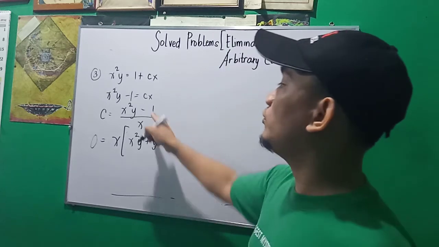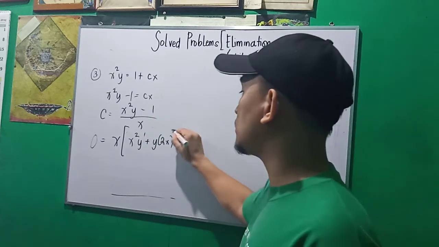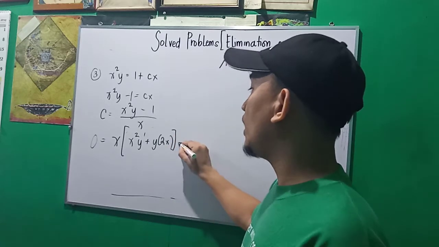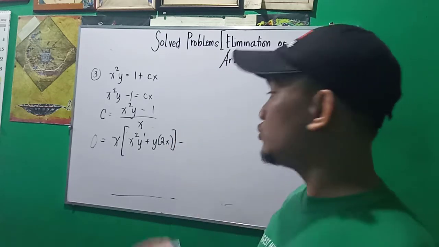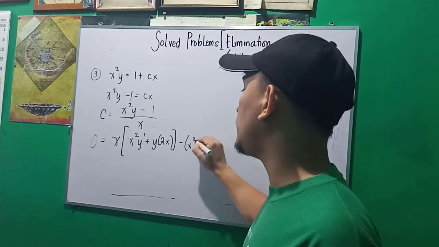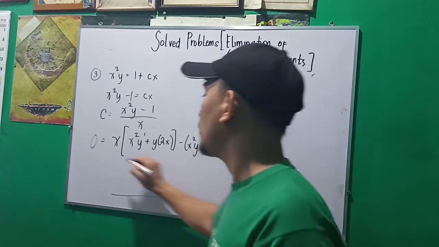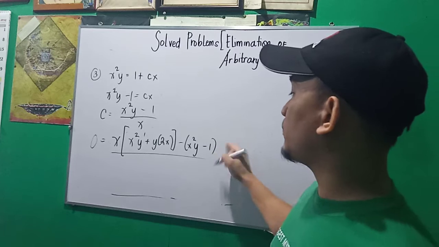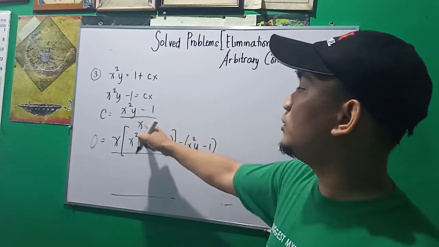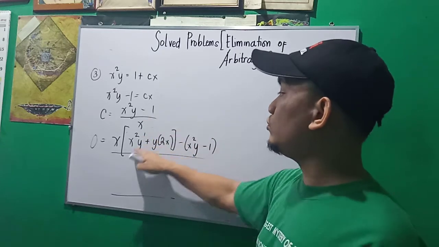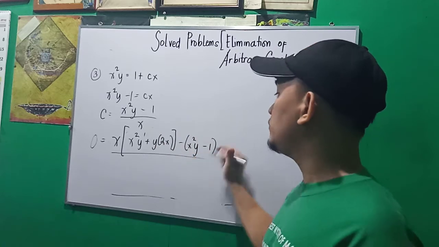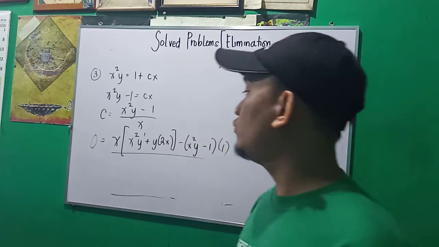Okay? Derivative ng negative 1? That is constant. Therefore, 0. Minus v du minus u dv. So, that is x squared y minus 1 all over... Ito, minultiply na natin to, di ba? v du minus u dv times 1 all over x squared.